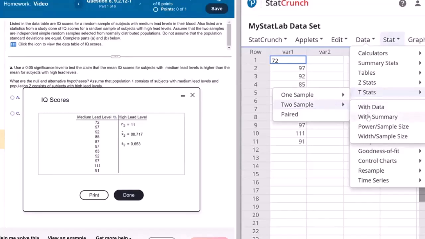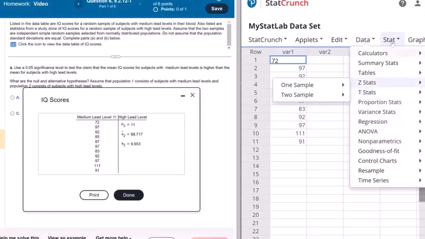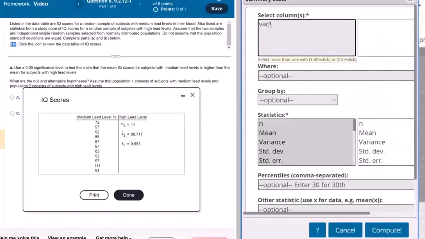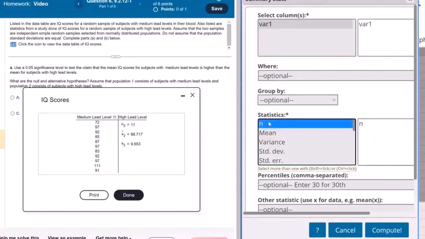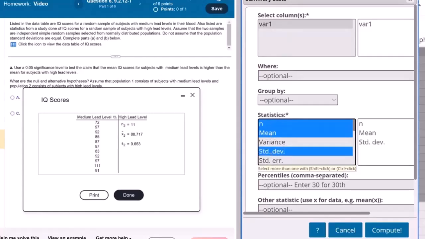But here I have data on the left and summary on the right. What do I do? Well, the best thing to do is go to summary stats, columns, and we want bar 1. And what do we need? We need n, we need the mean, and we need the standard deviation.